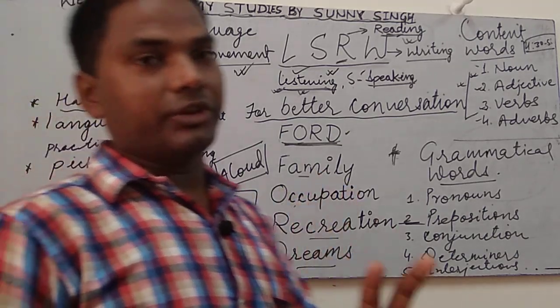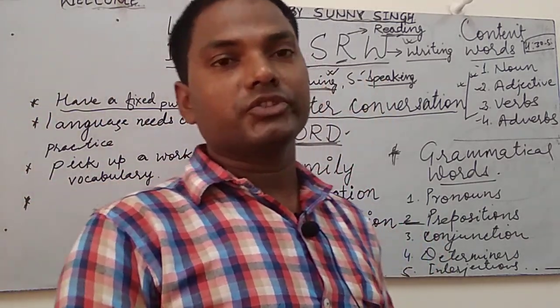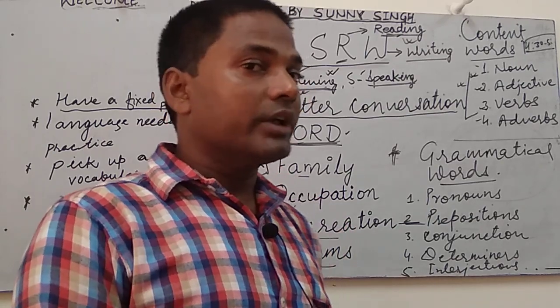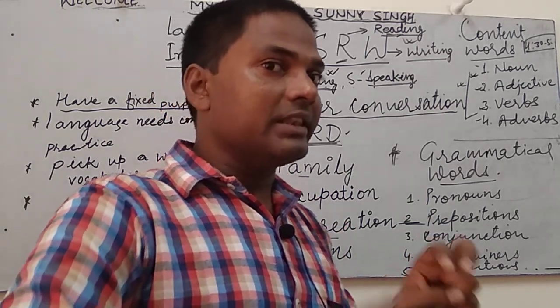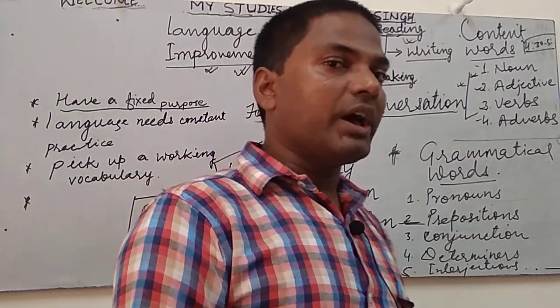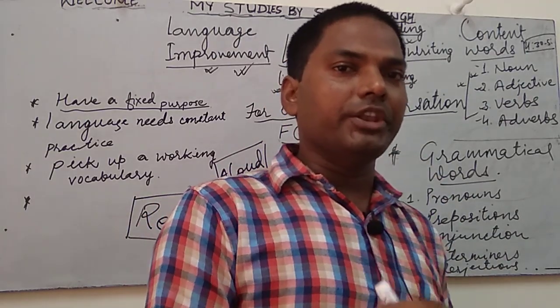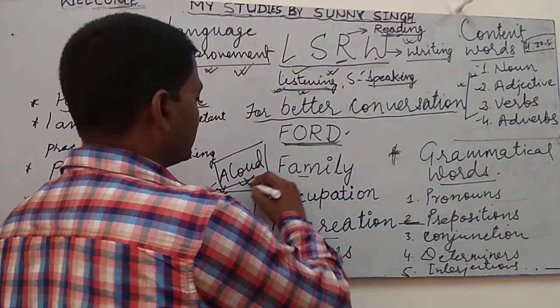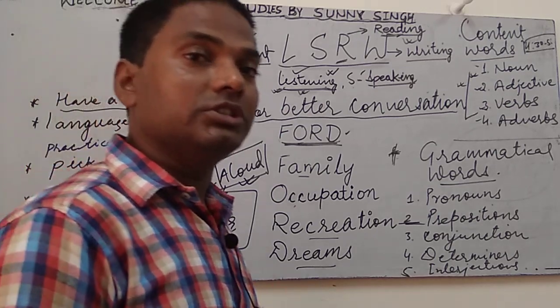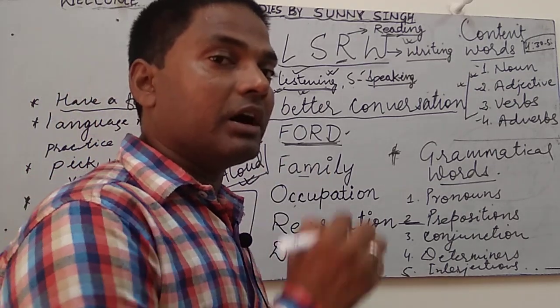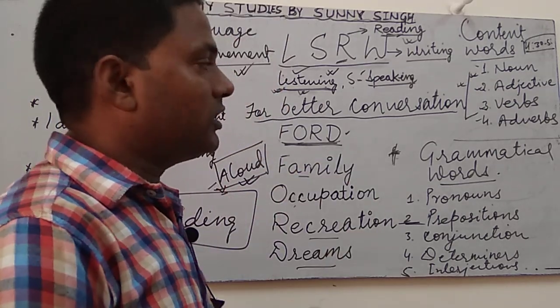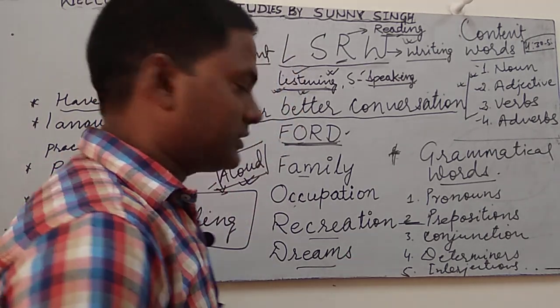There are two types of reading. One is extensive reading, another is intensive. And one is silent and the other loud reading. So whenever you read anything, read loudly. You should be a loud reader to get a grip on language or English communication skills.